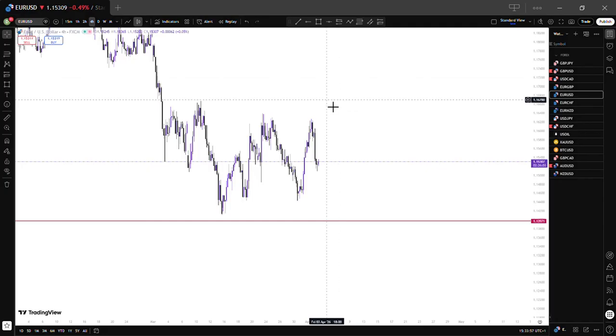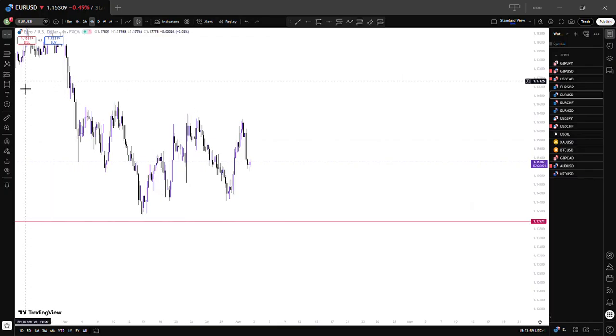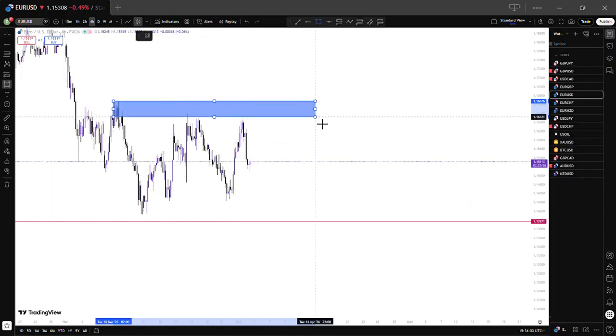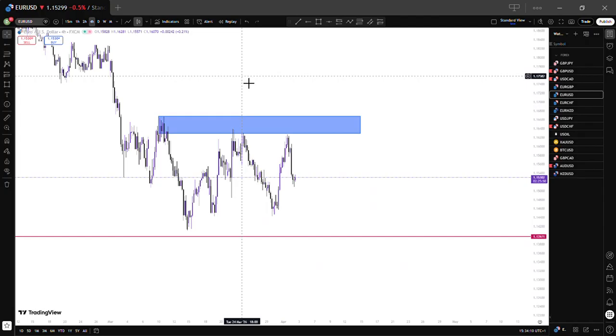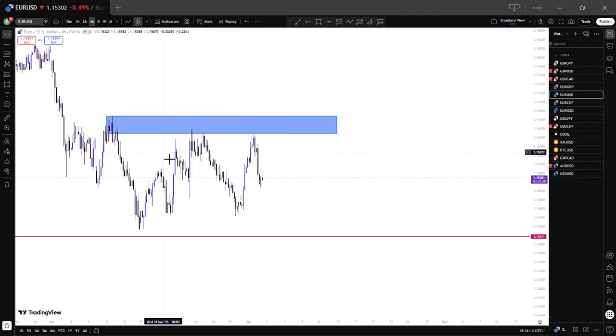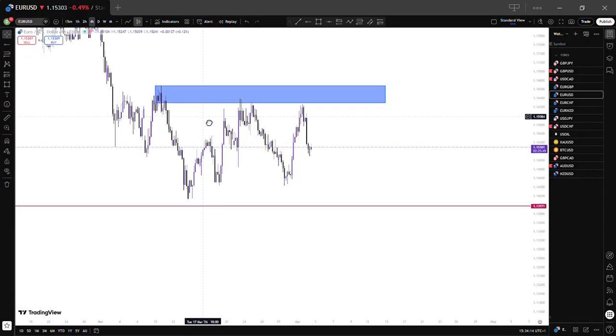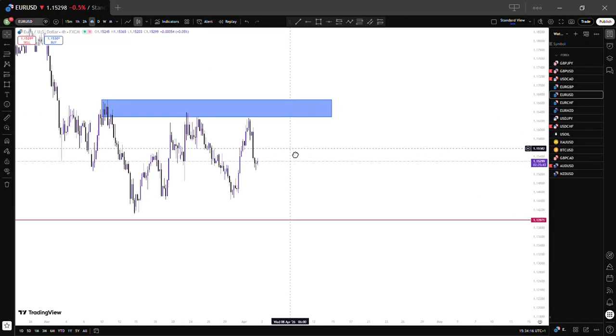Now on the 4-hour time frame, there seems to be a zone over here. I'm going to map that out. Right, so this happens to be a zone on the 4-hour time frame. It means that what we are expecting is a break above this zone.